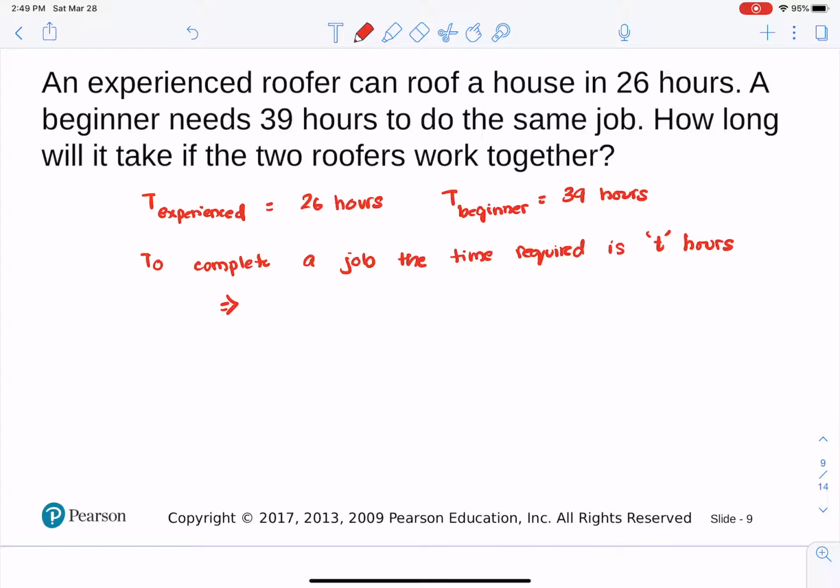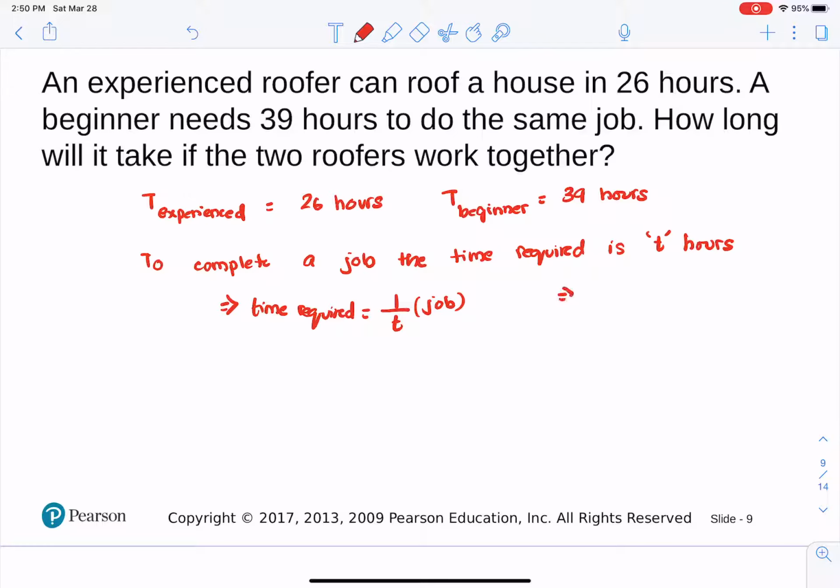So this would imply 1 hour of labor would equal 1 over T of the job. So if the job takes 30 hours and the person can do it in a time T, that person would require the job time divided by T. So I could write it as time required equal to 1 over T times the job time.